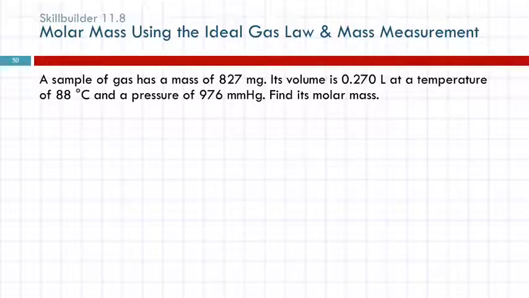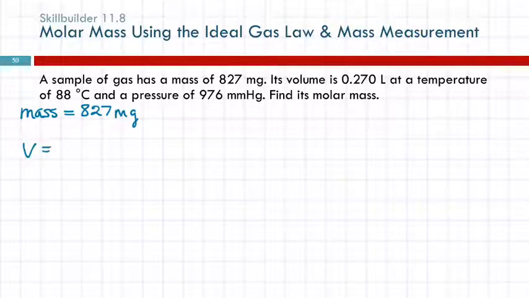So let's label our stuff. So we're finding molar mass. So the mass of our sample is 827 milligrams. The volume is 0.270 liters. The temperature is 88 degrees Celsius.